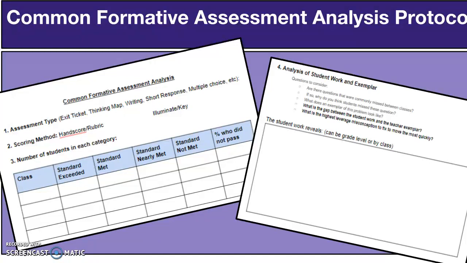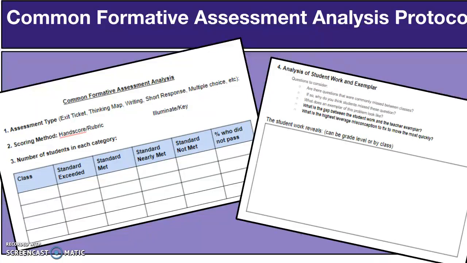So just looking at the structure of this, we have our teachers in teams identify how each class performed, looking at different proficiency levels. And then there are questions they use to facilitate a discussion around what went well and what was a weakness. In the next piece, they really dive into the student work and exemplar. They look for questions that were commonly missed between classes or in their class.